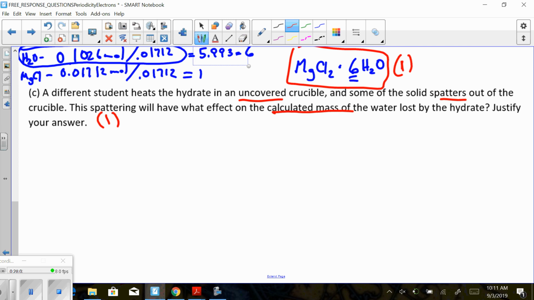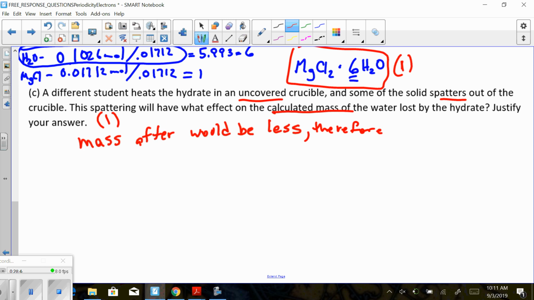So for this one, if you think about it, if you lost some of the sample, I'm just going to reason through, the mass after would be less, and therefore the calculated moles of water. So you might think some of that mass was actually water that you lost.